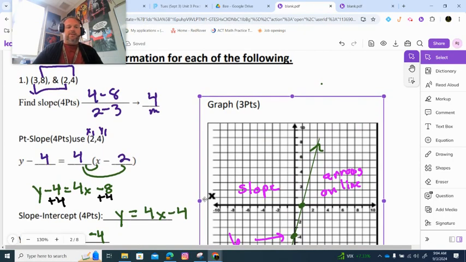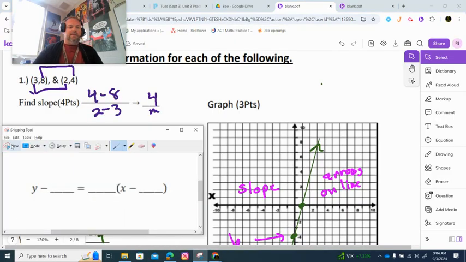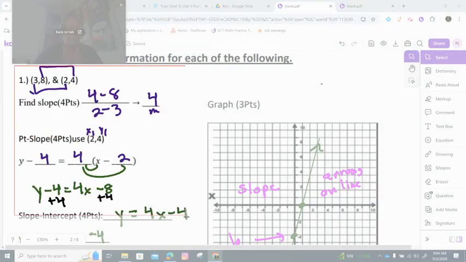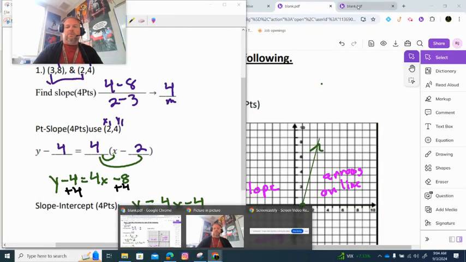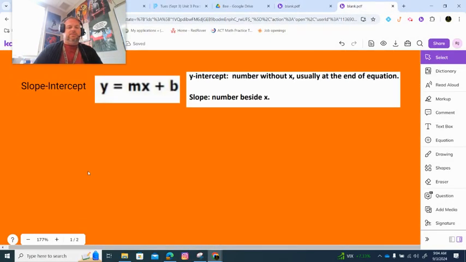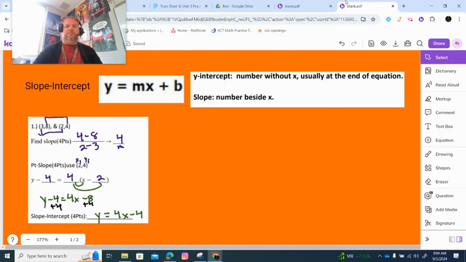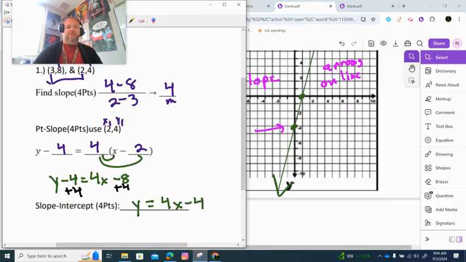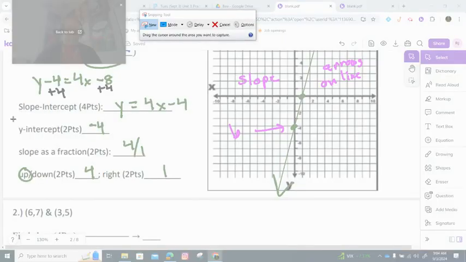So if I was pulling stuff in for my orange sheet, I would put in all this information that I had here.